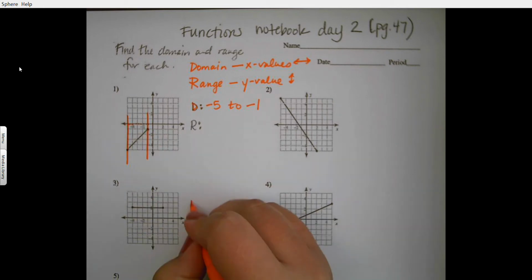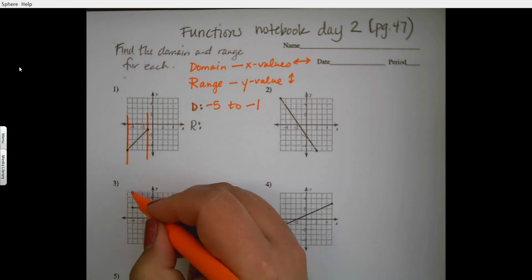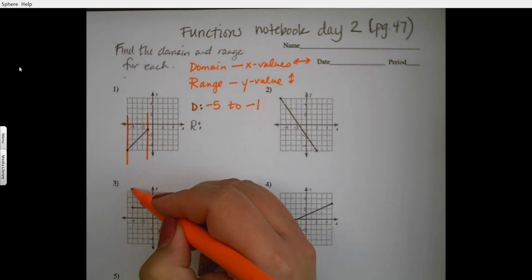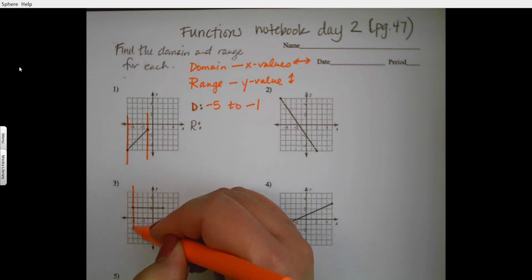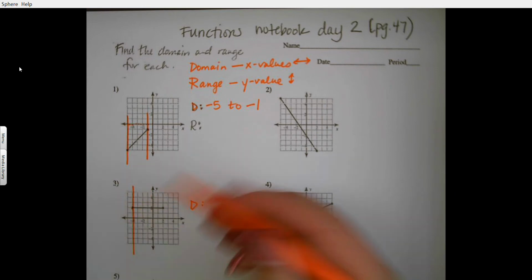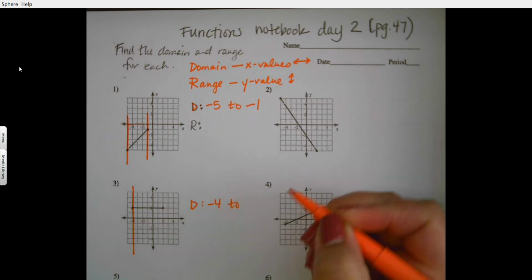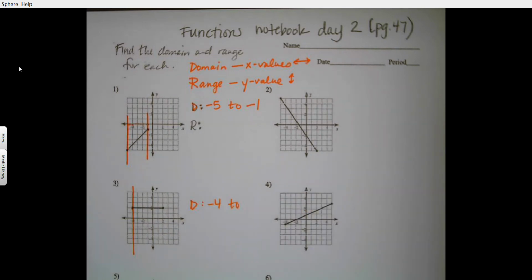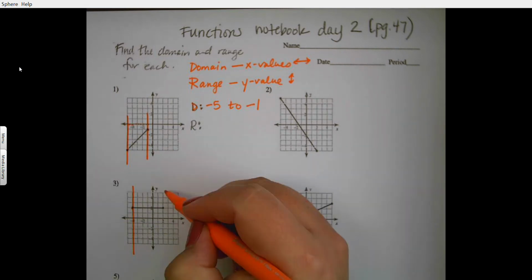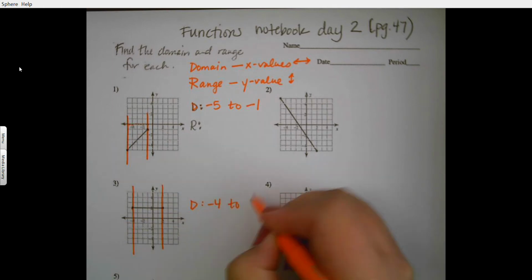Okay, let's try again with number 3. I just draw straight lines to create kind of what ends up being a box, and I think it's helpful. So furthest left, right here, -4, to the furthest right, +2.